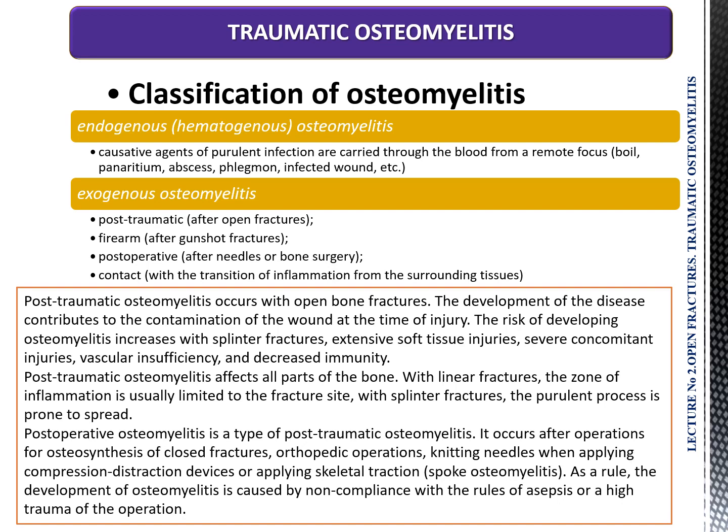There is also a possibility of contact penetration from an infected wound. But here it is more correct to talk about exogenous osteomyelitis. That is, post-traumatic osteomyelitis is a classification of exogenous osteomyelitis after open fractures. Firearm injuries form a separate group, with a gunshot fracture, which entails gunshot exogenous osteomyelitis.